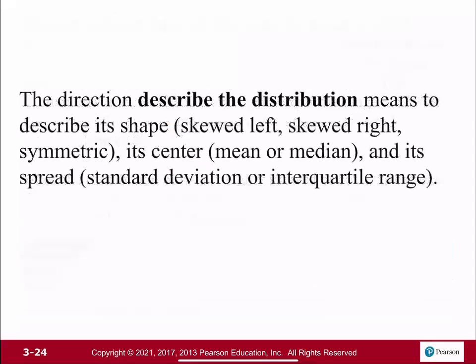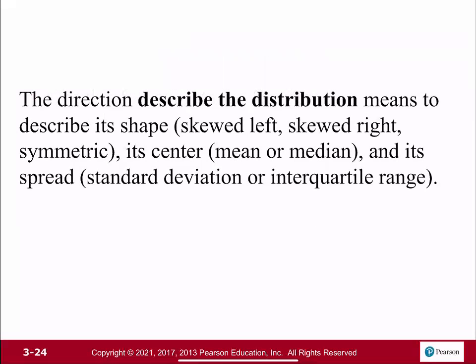And now describing the distribution means to describe its shape, so either it's skewed left, skewed right, or symmetric, its center, mean or median, and its spread, the standard deviation or interquartile range.